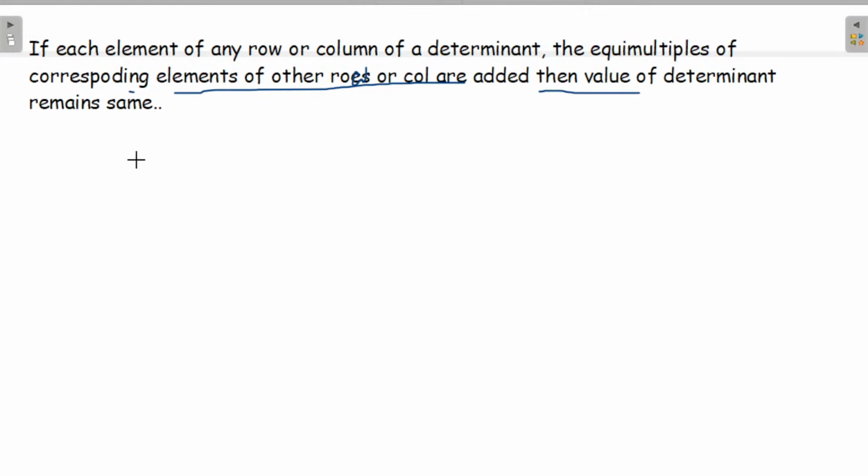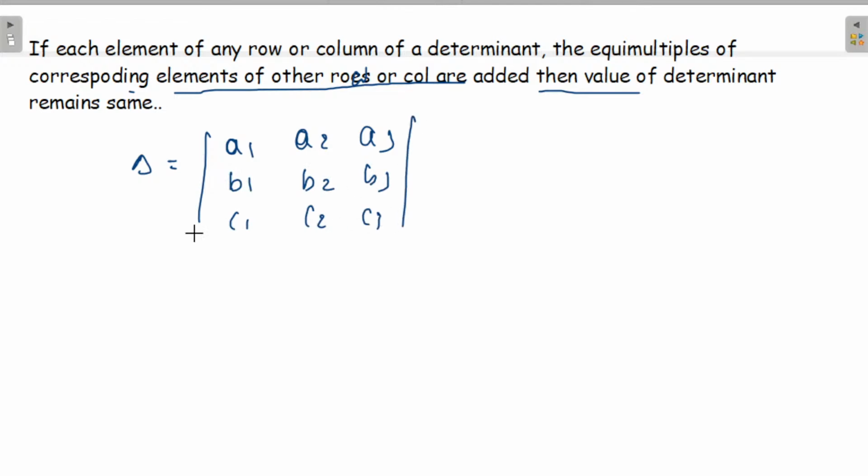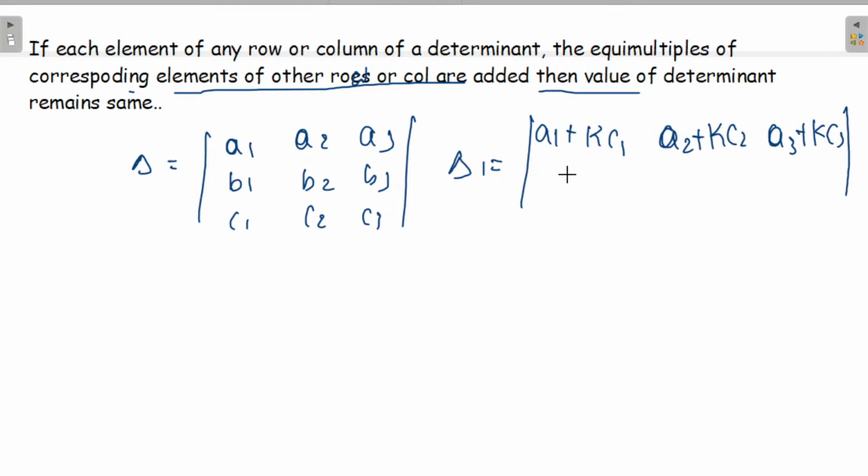Suppose I take one determinant as delta: a1, a2, a3, b1, b2, b3, c1, c2, c3. And let me take another one with the first row a1 plus kc1, a2 plus kc2, a3 plus kc3, then b1, b2, b3, c1, c2, c3.